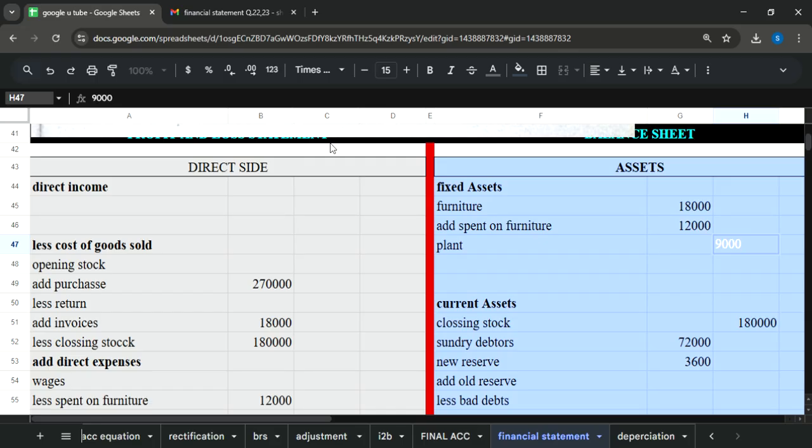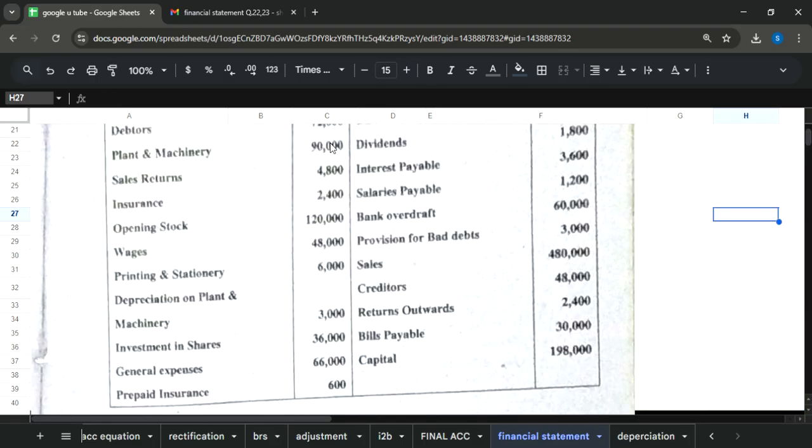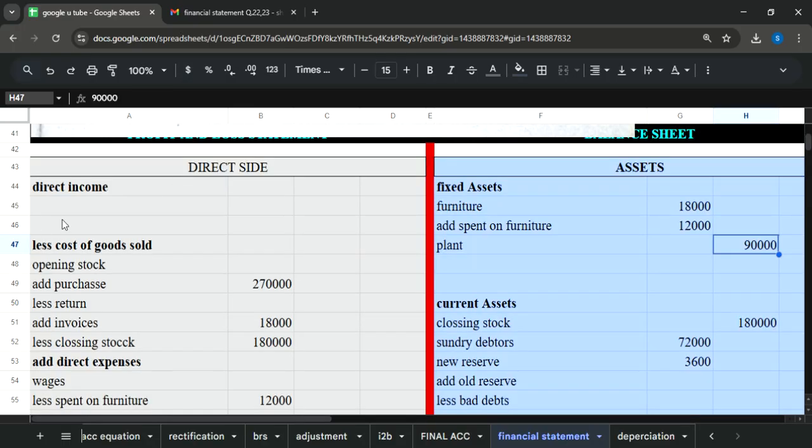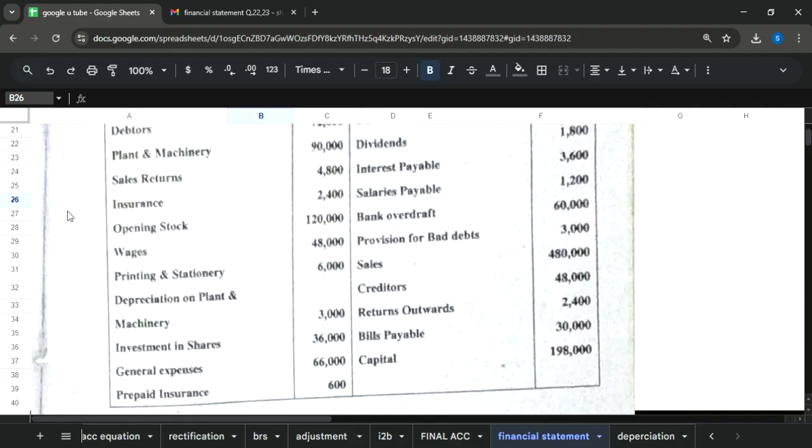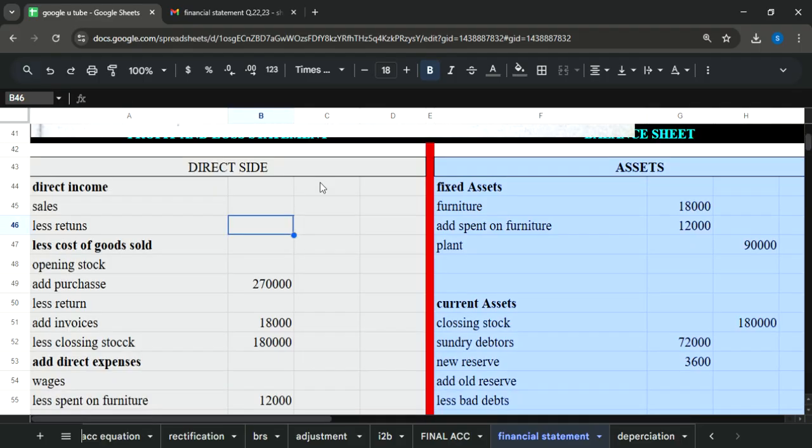Write down its amount. After plant, we have sales return. We will come to the direct income side, and here you will write sales and less its returns. Sales return 4800. Put it over here.